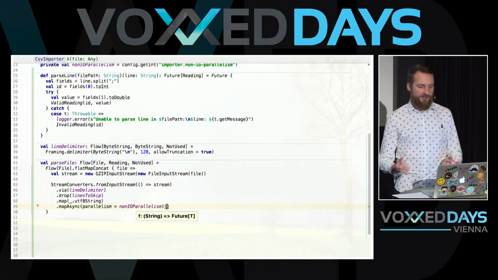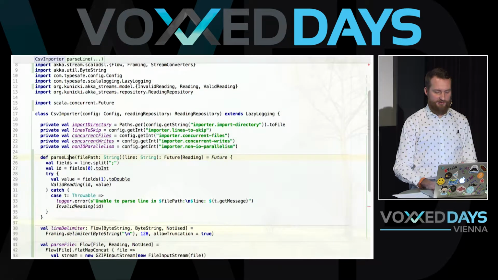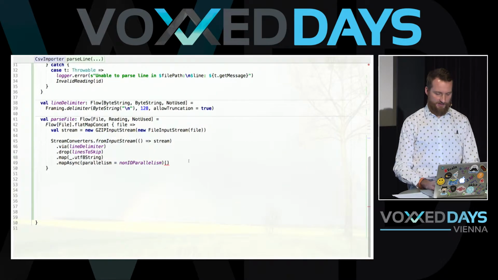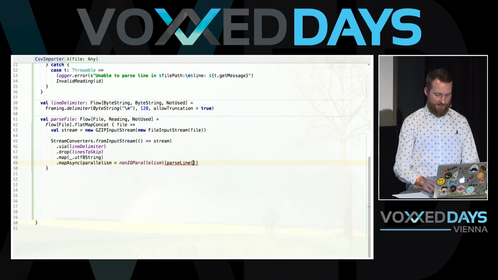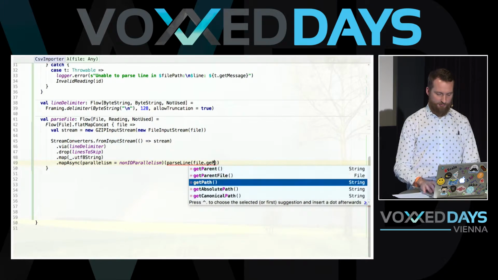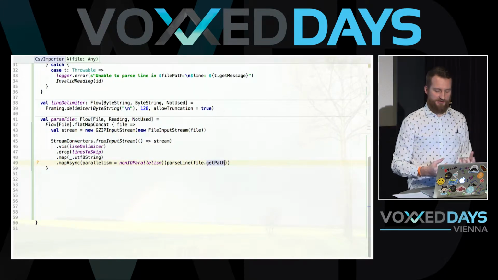So the parse line function we defined at the very beginning actually does this, after applying the file path to it. So we'll say parse line, here we call it with file get path. And what it returns is the function that takes a string and returns a future of reading.